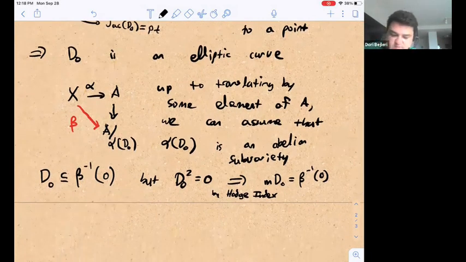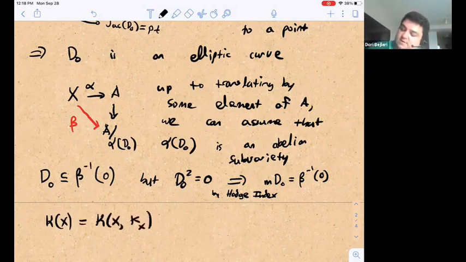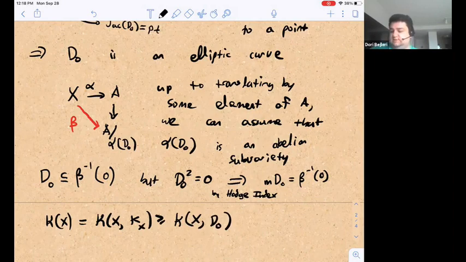So now we can compute Kodaira dimensions. So the Kodaira dimension of X, by definition, is this growth rate for the space of sections of the canonical, this Iitaka dimension of the canonical. The canonical is some effective divisor which contains D0. So this has at least as many sections as D0, because it's D0 plus some more stuff.